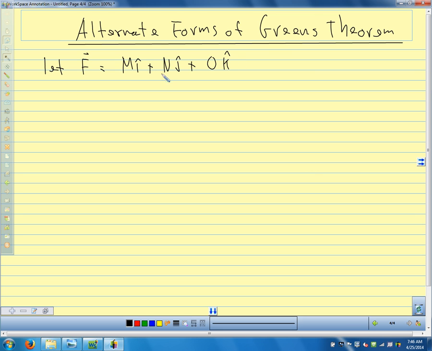So this gives us a field in the plane. Green's theorem works in the plane. Green's theorem is a planar theorem. And we're going to find the curl of F, del cross F. So we're going to evaluate this determinant, with i, j, k and our partials.